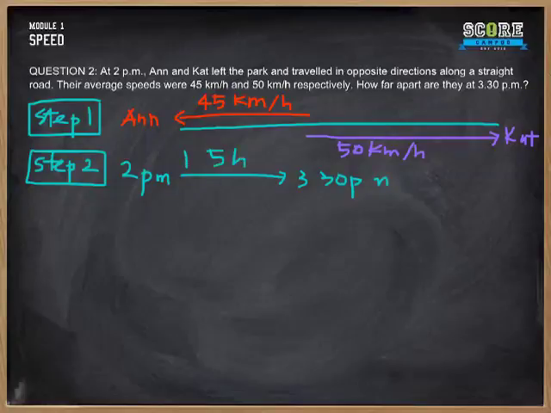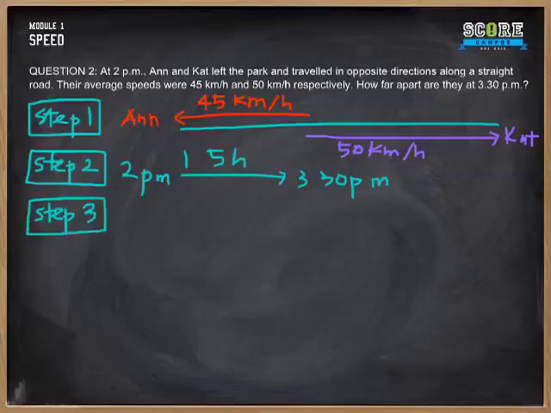That's the total time traveled. We know that in 1 hour, Anne will cover 45 kilometers and Kat will cover 50 kilometers. We can now find out how much they cover altogether in the 1.5 hours as well as the total distance traveled.